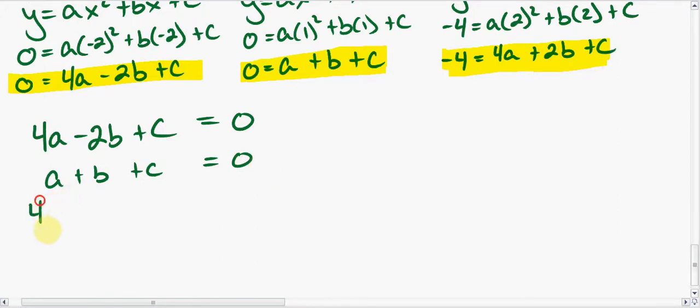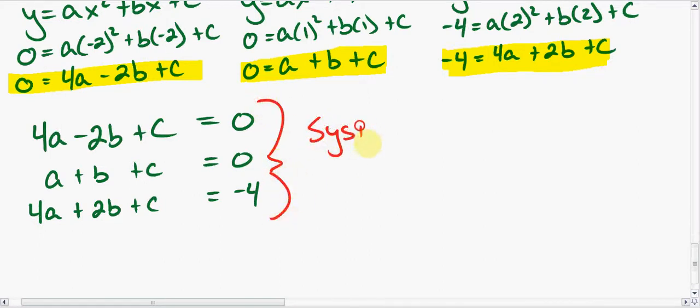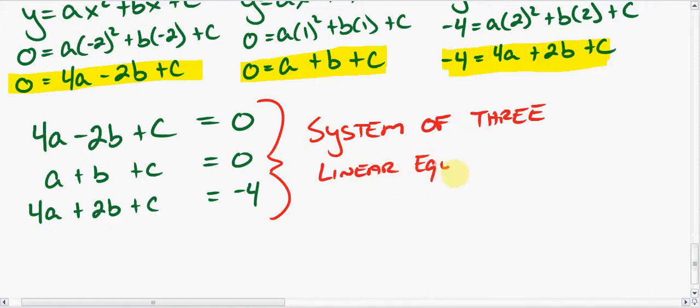And then lastly, I've got 4a plus 2b plus c equals -4. So here is our system of 3 linear equations.